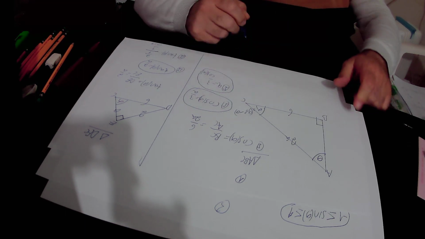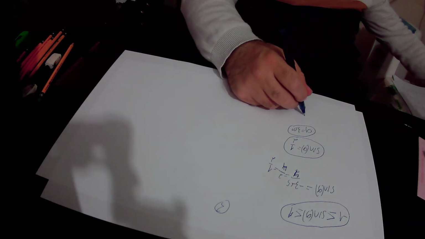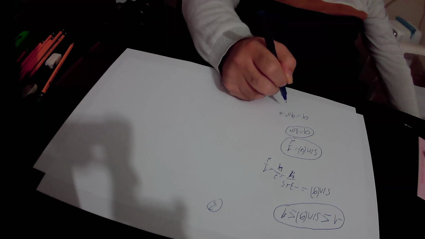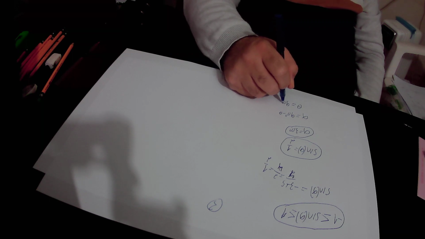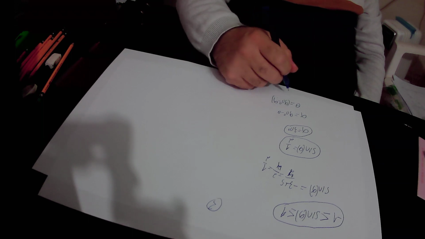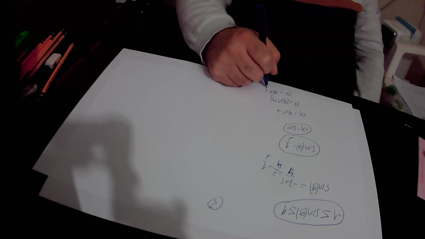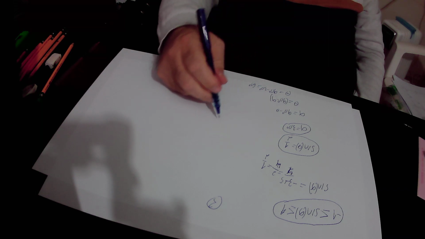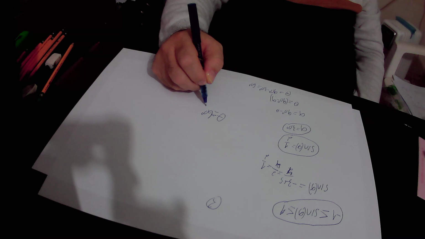So alpha equals 90 degrees minus theta, or theta equals 90 degrees minus alpha, that is 90 degrees minus 30 degrees, which is 60 degrees. So we found that the value of angle theta is equal to 60 degrees, according to the second method also.